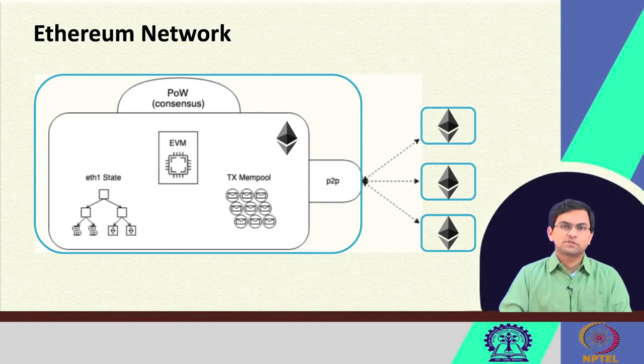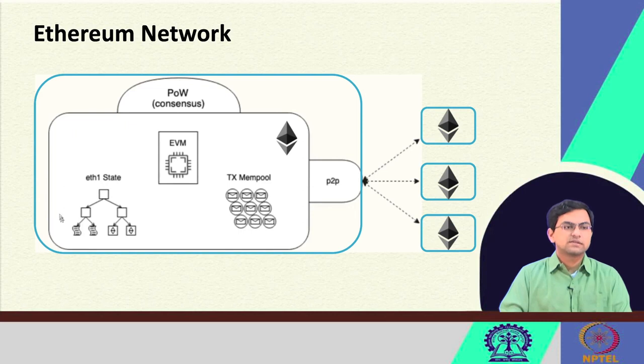So, Ethereum supports proof of work, also proof of authority, and some other consensus protocols. But the Ethereum main network, which everybody uses and which has the cryptocurrency called Ether, uses proof of work consensus.